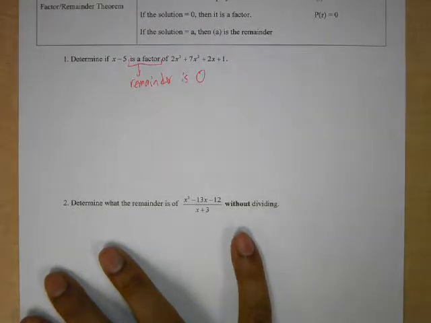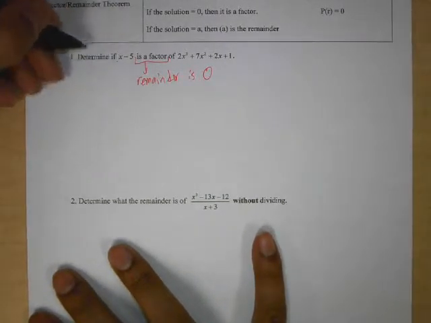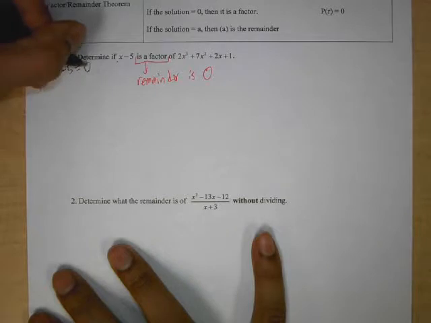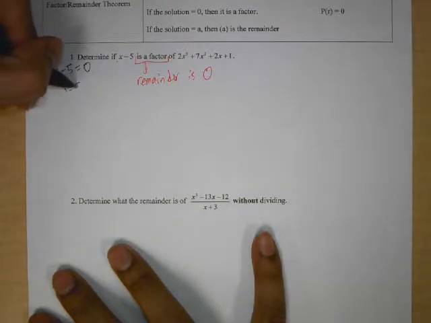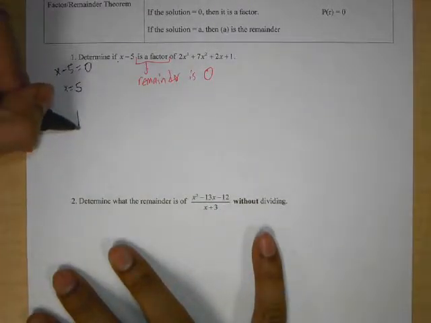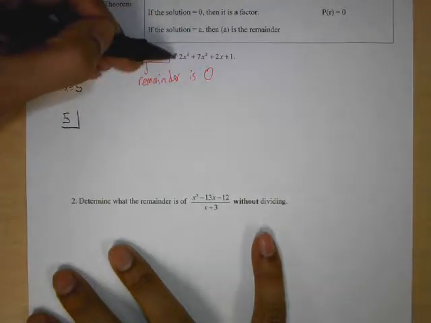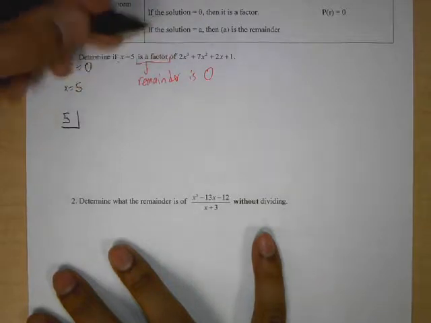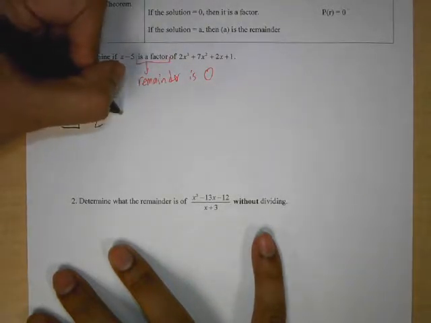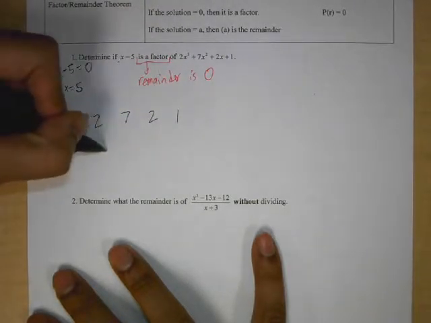I'm going to use synthetic division again, since that's what we've been practicing today. So again, x minus 5, we have to set it equal to 0, and we're going to get 5 as our term to divide by. So we'll put our 5 here. Remember, we write only the coefficients. Thankfully, they gave it to us in standard form and no missing terms. So I'm going to have 2, 7, 2, 1, and leave some space. Let's draw our line.